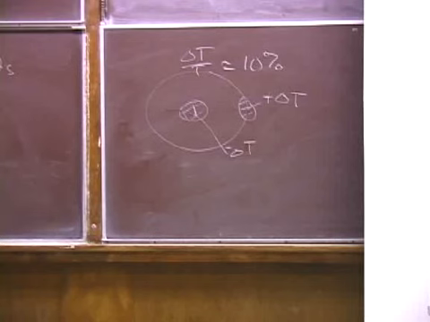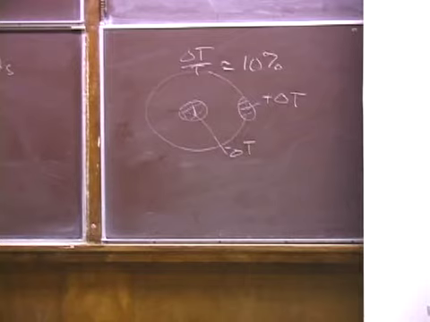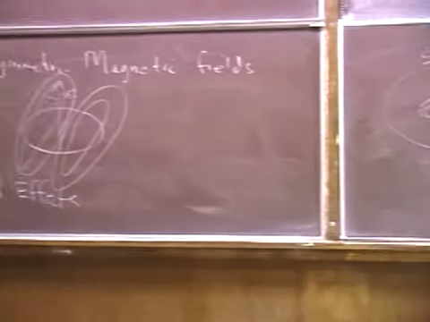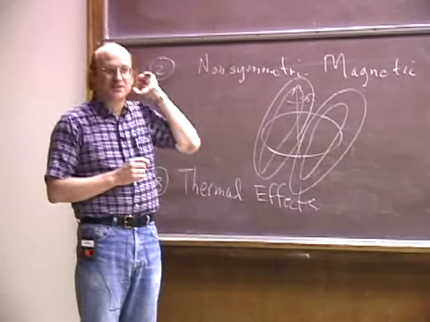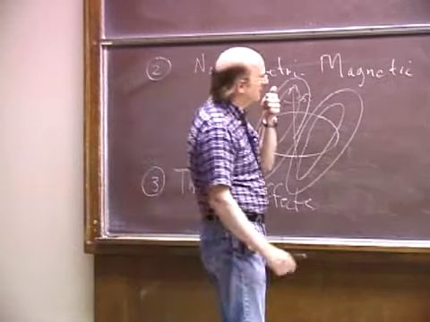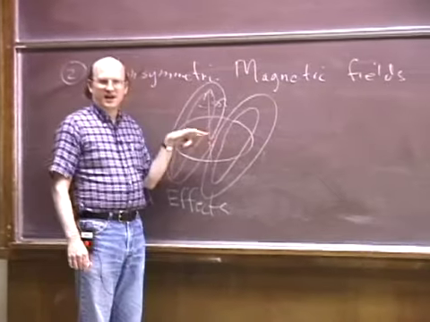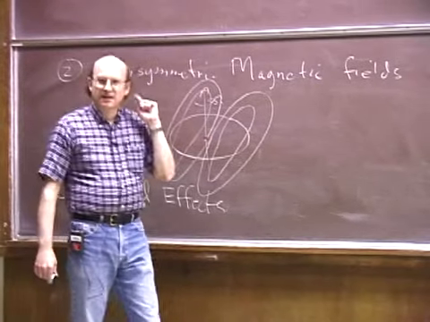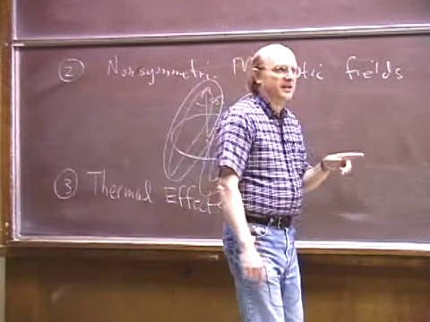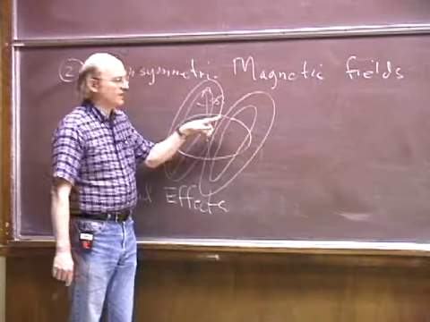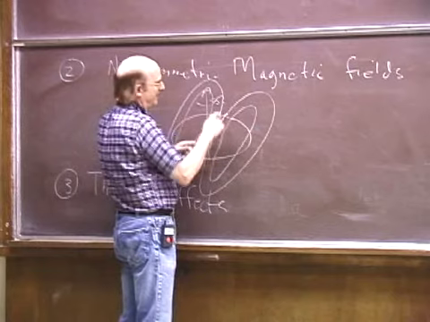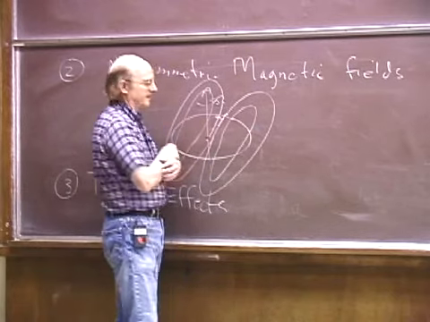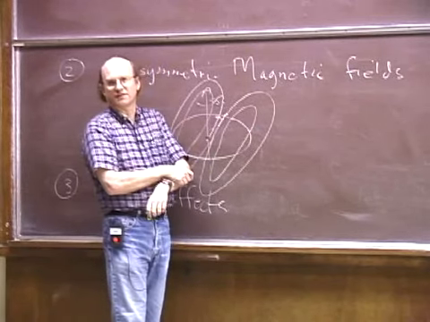Okay, so why should anybody believe that you could have 10% temperature variations around a constant pressure surface? This has always seemed fairly implausible to me, but it occurred to me as I was thinking about these notes last night that one mechanism for doing this might actually be magnetic fields. The thermal conductivity is very different in a region where you have magnetic fields. And so the conductivity along the magnetic fields is very different than the conductivity perpendicular to the field.